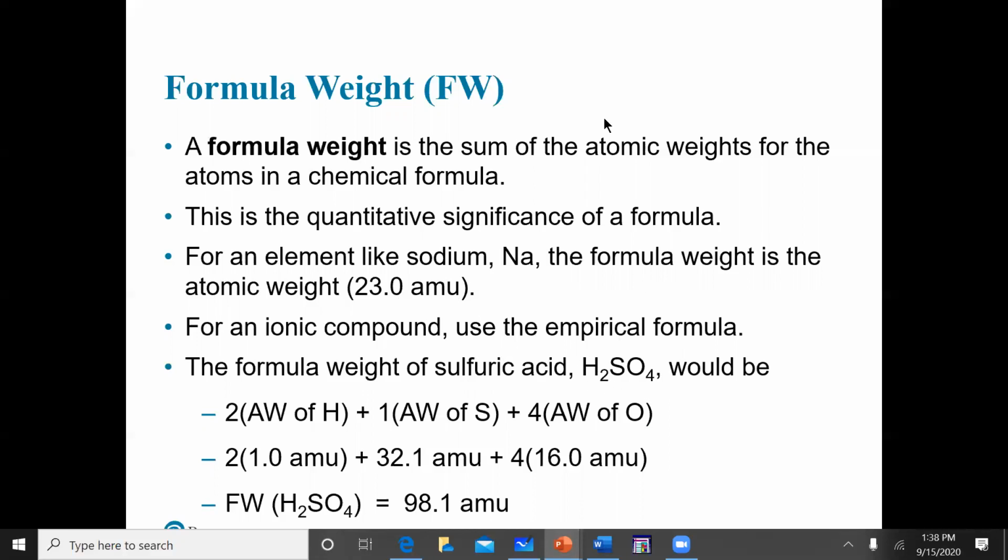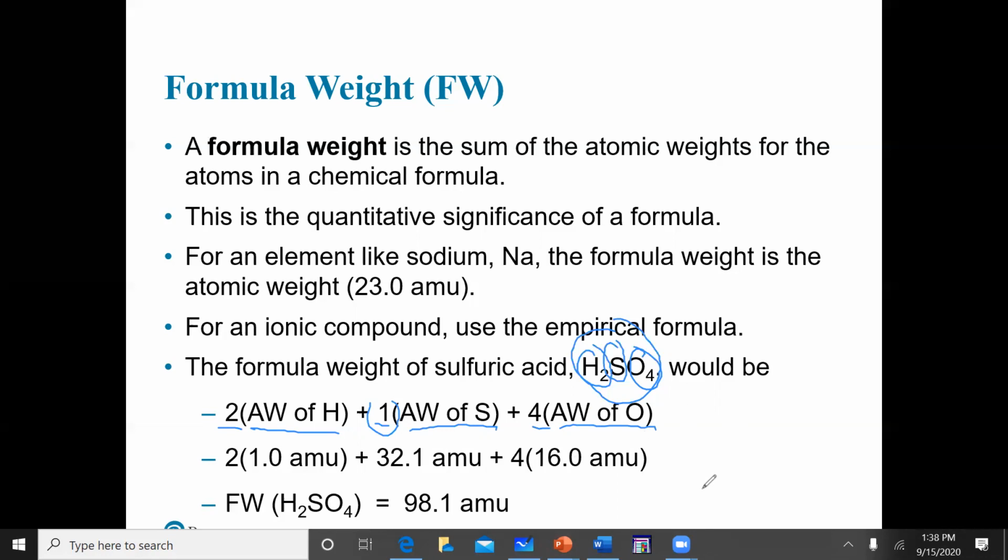If we're dealing with a compound, like let's say we're looking at H2SO4, in order to get the entire weight of this whole thing, I need to add 2 hydrogens to 1 sulfur and 4 oxygens, or you can see here 2 times the hydrogen weight plus 1 times the sulfur weight plus 4 times the oxygen weight, or 1 AMU times 2 plus 32.1 AMUs, because there's only one of those, plus 4 times the 16 AMUs.